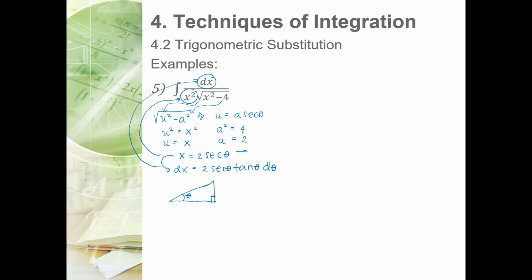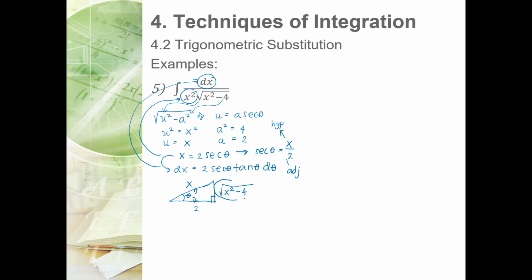As per formula, secant theta is equal to x all over 2. So the definition of secant is hypotenuse over adjacent side. This one is the x side, this one is the 2, so adjacent side and hypotenuse, right? So obviously this one, by means of the Pythagorean theorem, is square root of x squared minus 4.